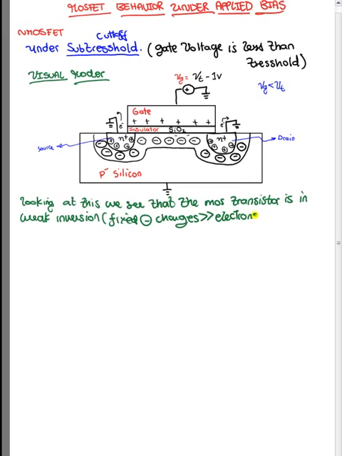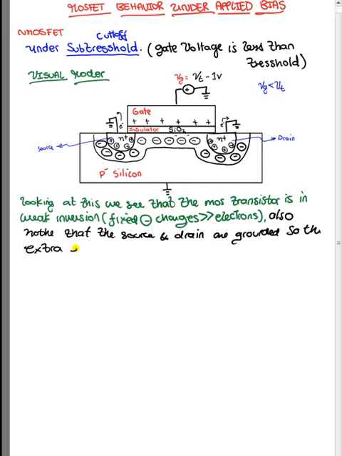Also note that the source and drain are grounded, so the extra electrons from the N plus material flow to ground, leaving a region of positive fixed charges.